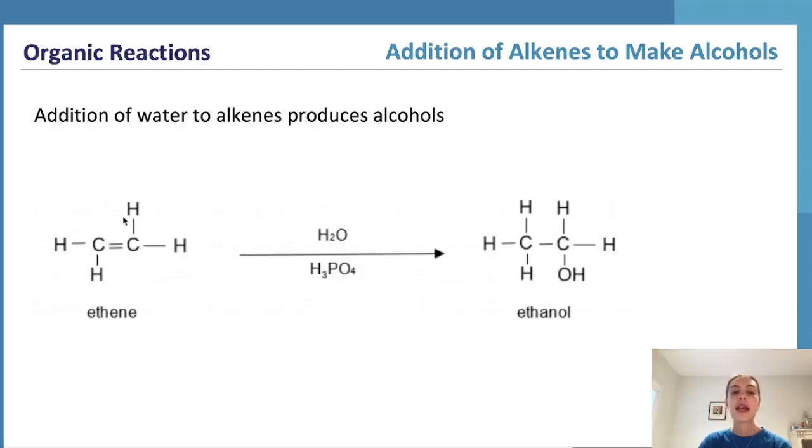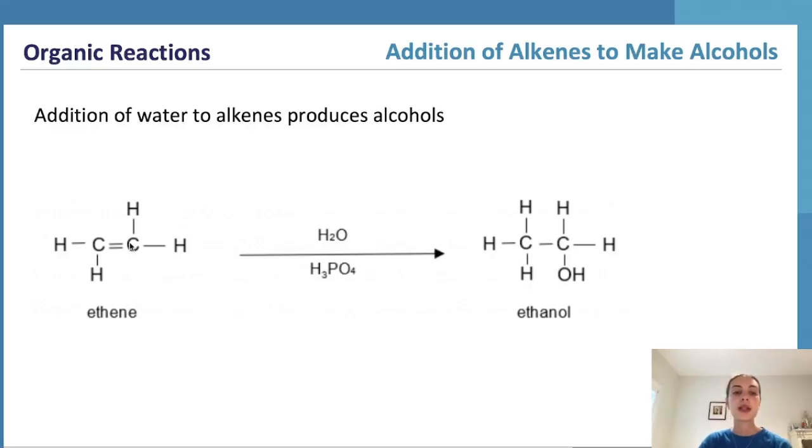And so when we add ethene to H2O under an acid catalyst, we can produce ethanol. And so as we can see here, we don't need to apply Markovnikov's rule to this particular circumstance, being ethene, because each carbon atom has the same number of hydrogens bonded to it. However, if we had a larger molecule, we would need to apply Markovnikov's rule to show which particular one would be the major product, so whether the hydrogen would be bonding to which particular carbon and which one the hydroxyl group would be bonding to.